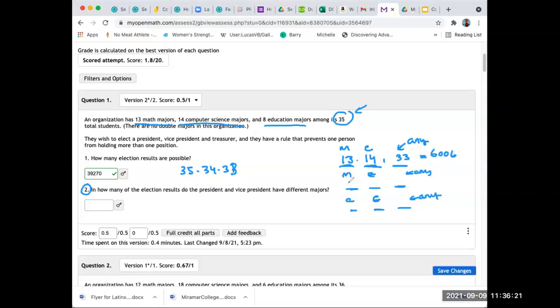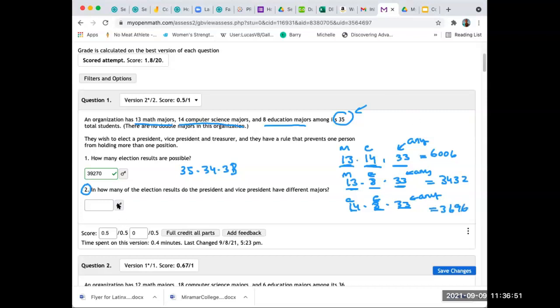All right, math and education, 13 and 8, and then there's 33 left over. 13 times 8 times 33. So that's 3432. Computer science and education, 14 and 8 and 33 are left over. So 14 times 8 times 33, we get 3696.